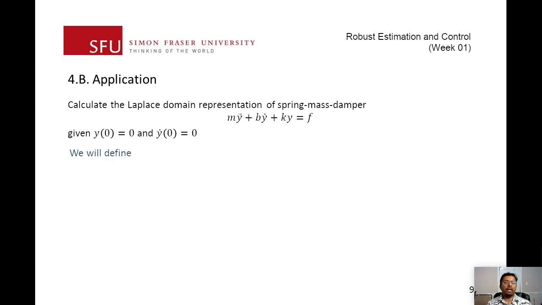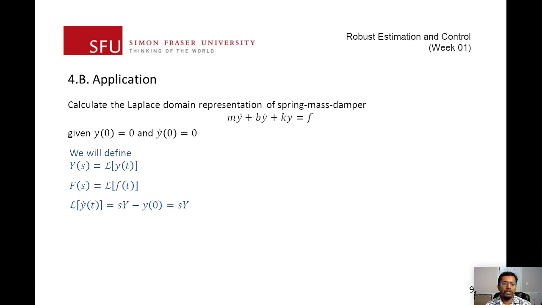So we will define the Laplace of these variables. Particularly, we start with the Laplace of y. We'll define capital Y of s as the Laplace of y of t. Similarly, we'll define F of s as the Laplace of little f. Then we need to calculate the Laplace of y dot and y double dot. The Laplace of y dot, if you recall, is s times Y minus y of 0.